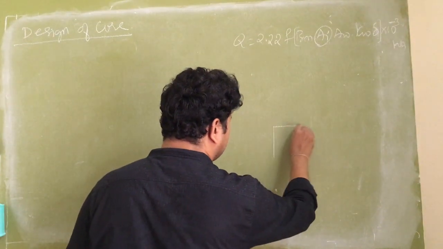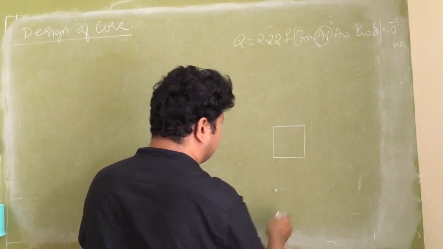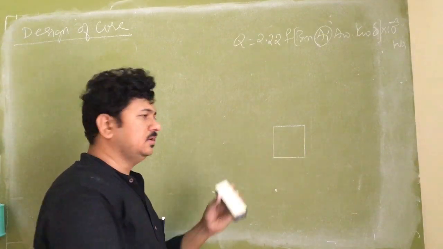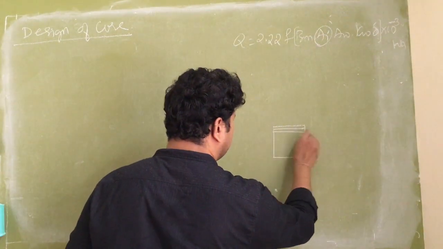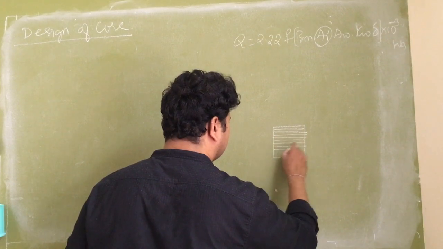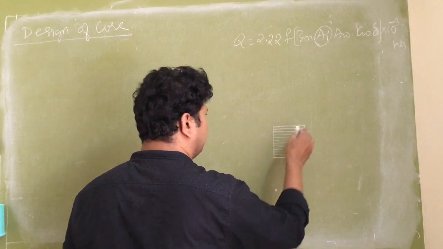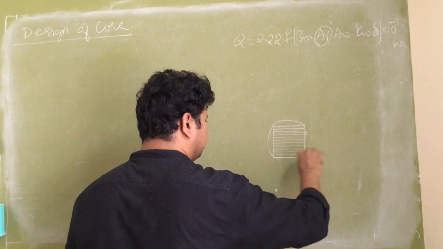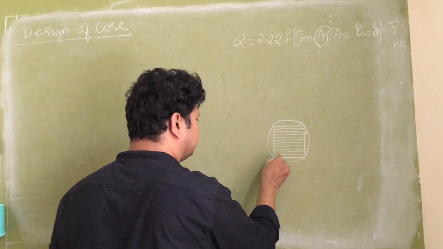When I have to choose the cross section of the core, I should keep one aspect in mind. This is the cross section of the core; these are the laminations we see when we look at the core cross section. Now this is the circumscribing circle.